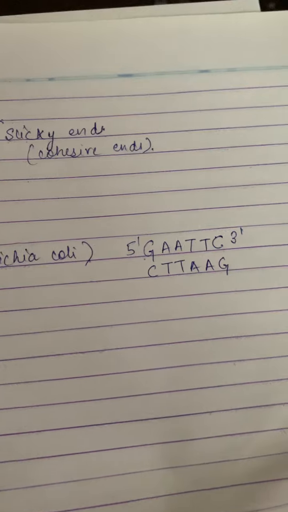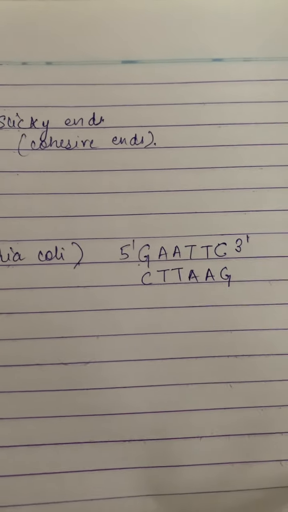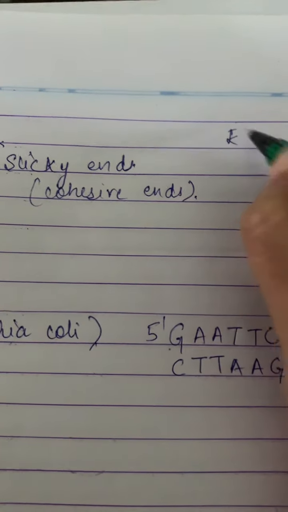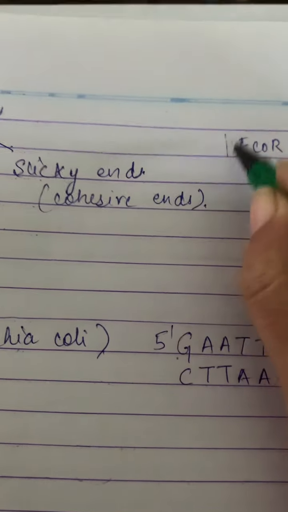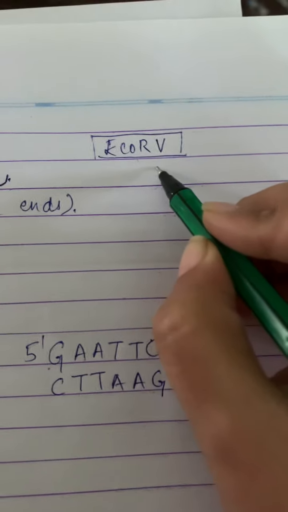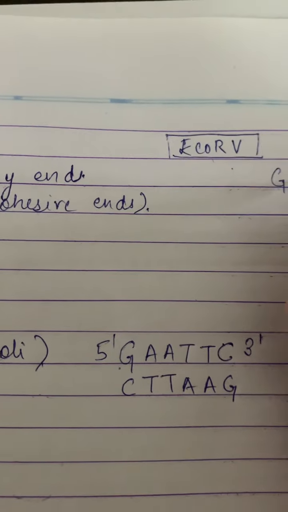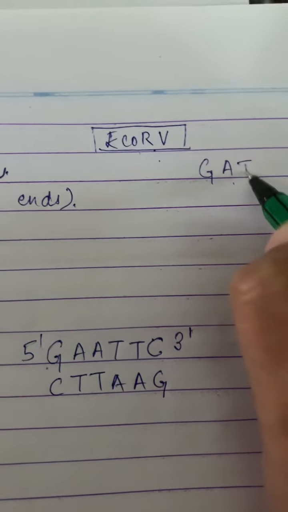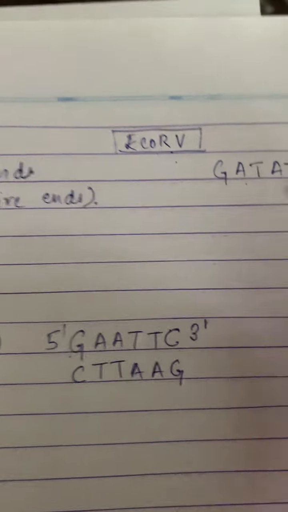So these restriction endonucleases make 2 kinds of cuts. They make the blunt ends or the sticky ends. For example, one variant is EcoR5. It has also been isolated from E. coli, but it makes blunt ends. So what do you mean by blunt end? This enzyme recognizes the sequence GATATC.